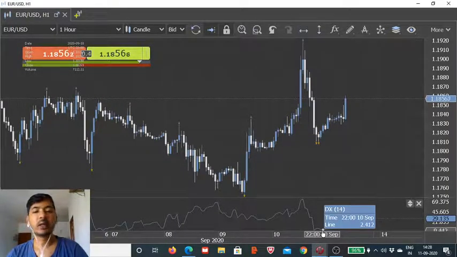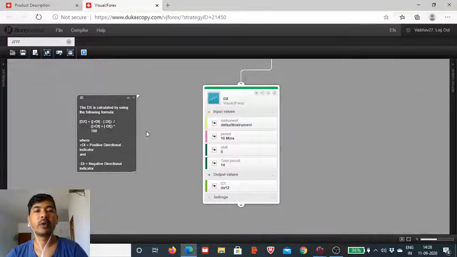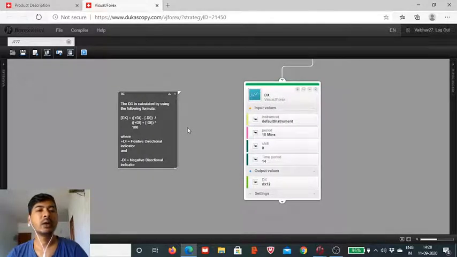We consider these DX values, and we will also keep in mind the formula for it. Basically, this DX indicator is made up of the difference between the positive directional indicator and the negative directional indicator.